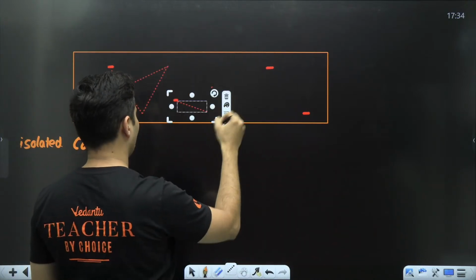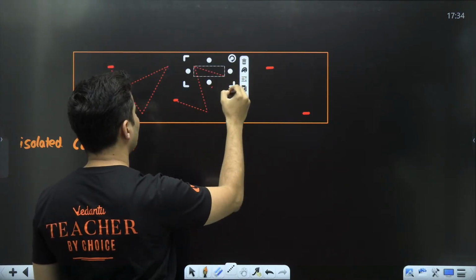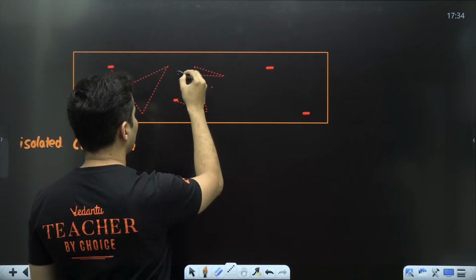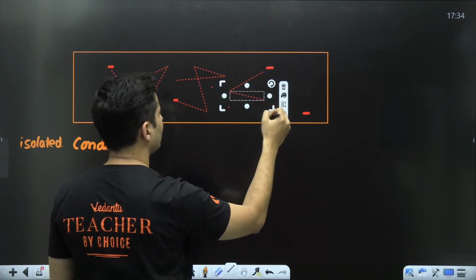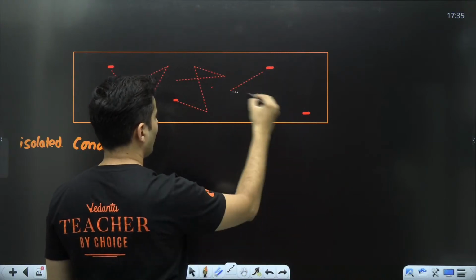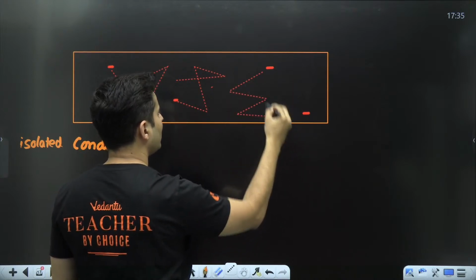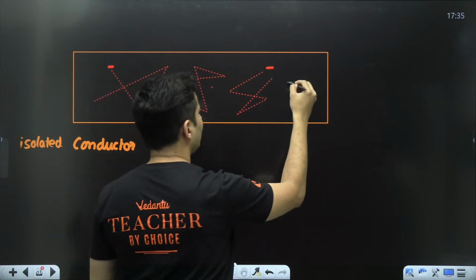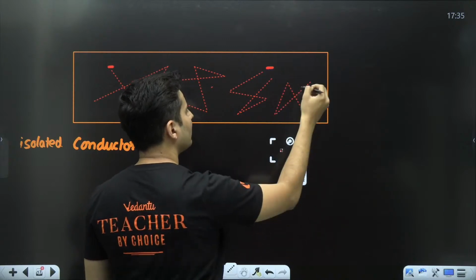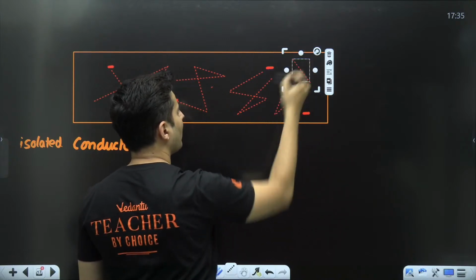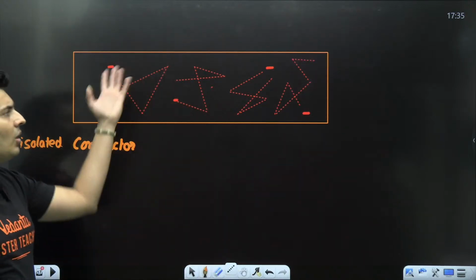Maybe this moves here, then after that here, then maybe here, and God knows where next. So some random motion can be observed.